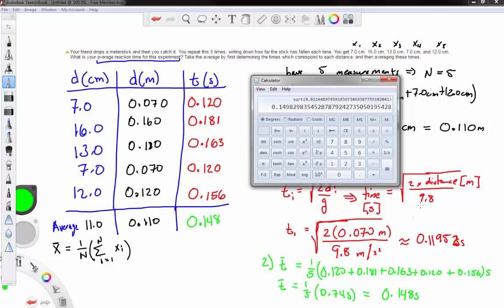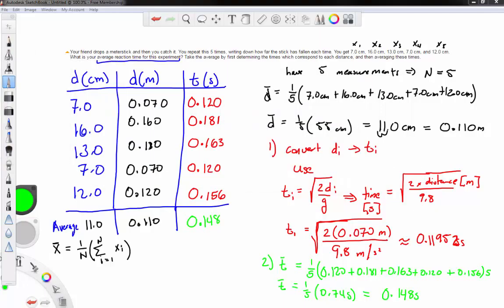Some of that can be attributed to round off error. Some of that is actually due to some other discrepancies in what's called the propagation of errors that I don't really want to talk about in today's video. But in any case, your answer here should be 0.148 seconds.